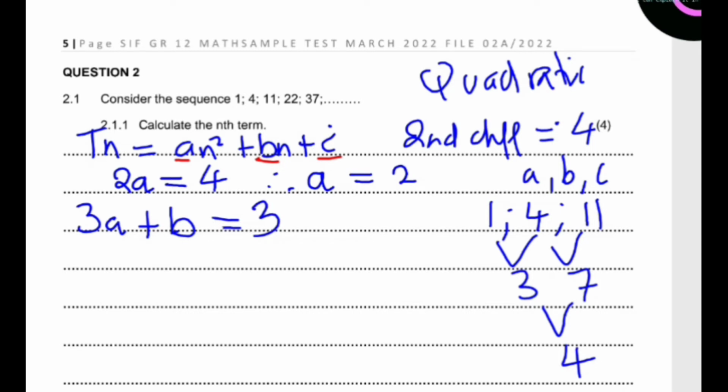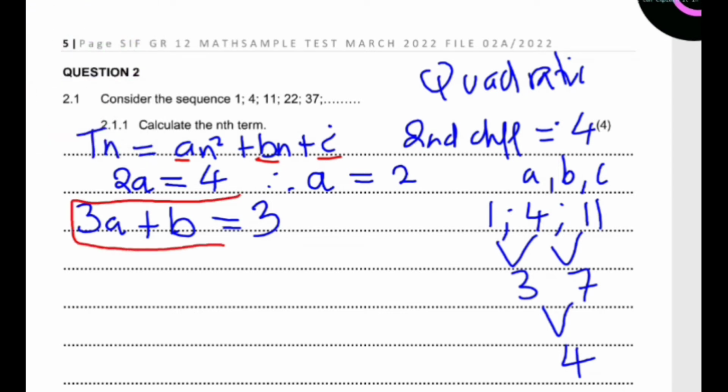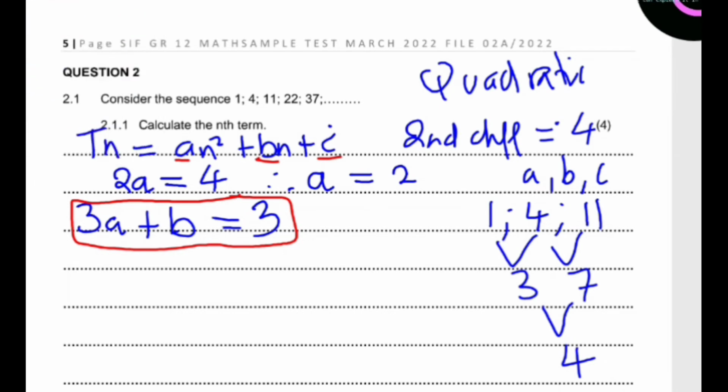Well, since I'm explaining, I can just quickly explain where the 3a plus b comes from. What is the idea of this 3a plus b, and why is it equal to the very first difference here? Well, if I substitute into this general expression Tn, n is going to be 1, so T1 ends up being a plus b plus c.